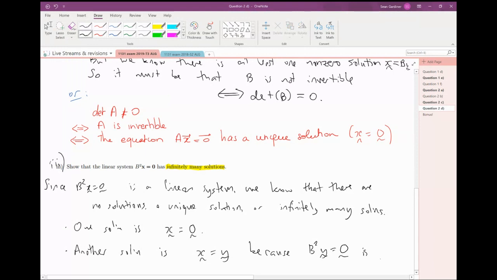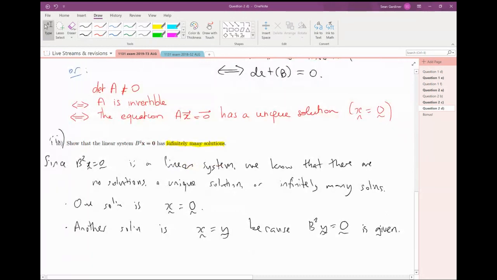Now, the only thing I have to make sure now is that this really is a different solution to the first one. So do I know that x equals y is a different solution to x equals 0? Or can someone give an explanation for why I know that?